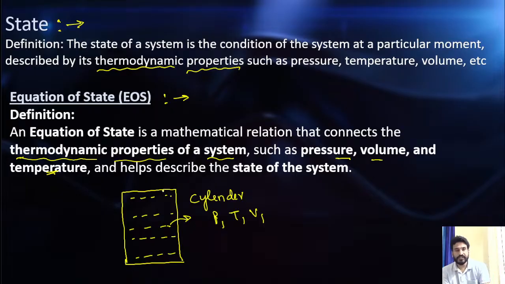So in the equation of state, we should build a relation between P, V, and T. At a particular point, the different values of P, V, and T define the state of the system. Okay? Clear?